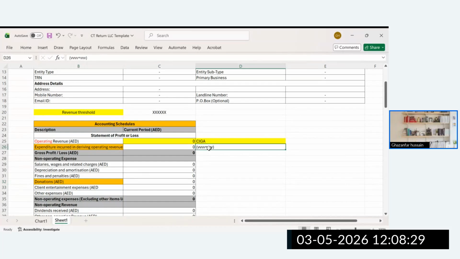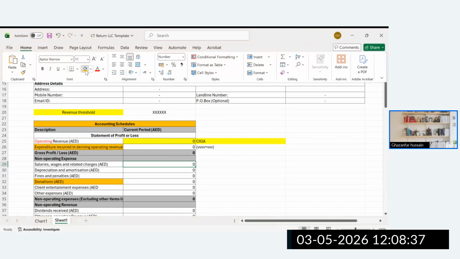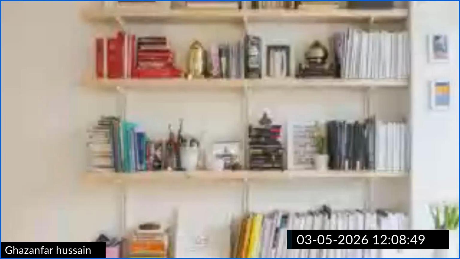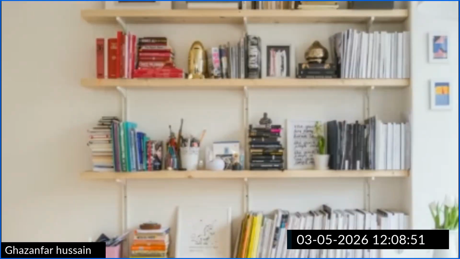Now below that are the salaries and wages. From where are we going to take the salaries and wages? We will go back to the financial statement.